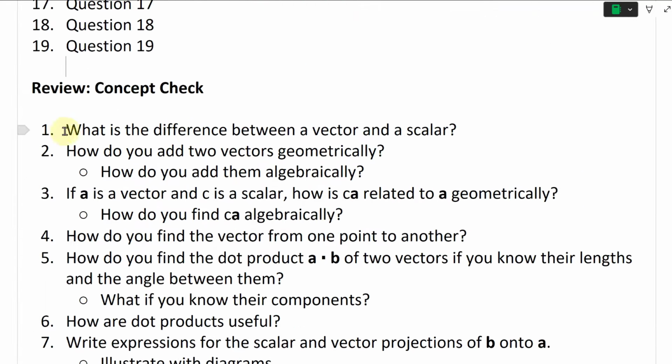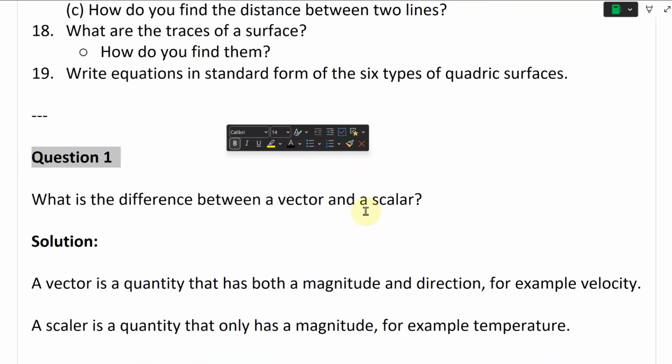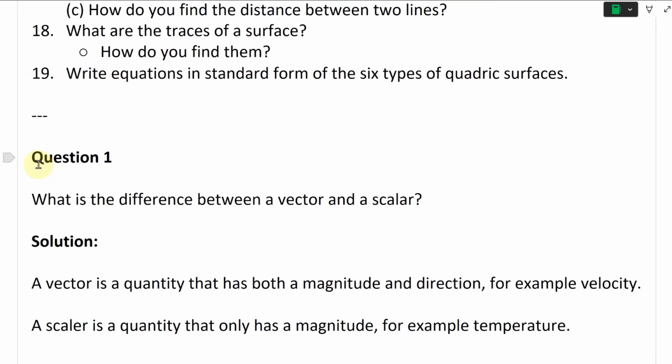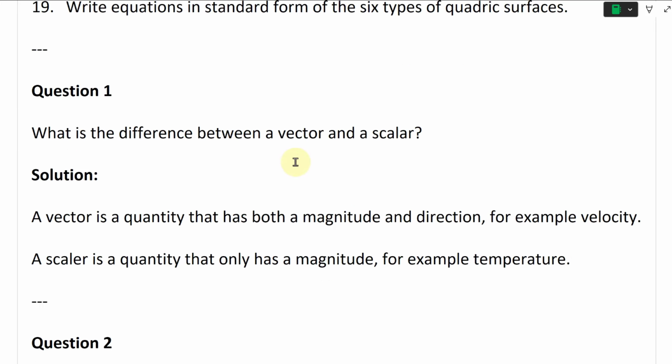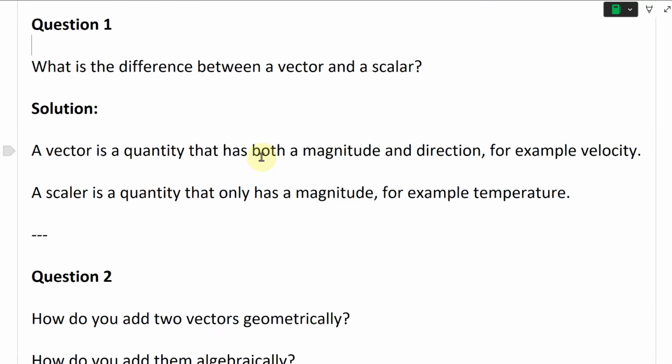So there's question 1: what is the difference between a vector and a scalar? Let's look at that right here. Basically I copy and paste, and then I do the solution here. Solution: a vector is a quantity that has both a magnitude and a direction. For example, velocity is going in a direction.